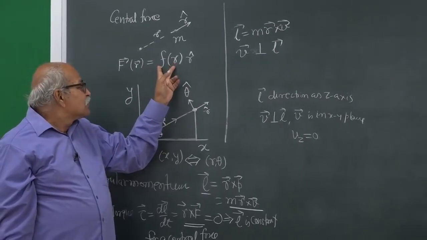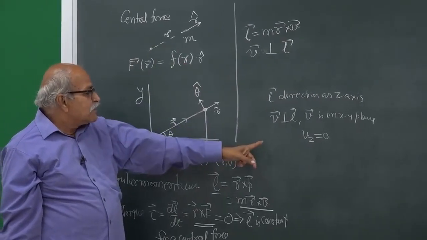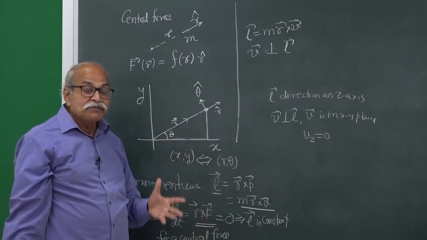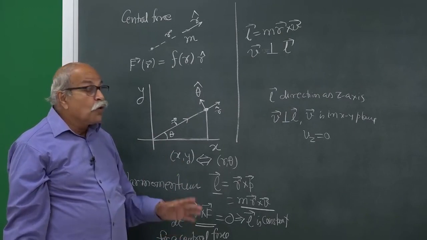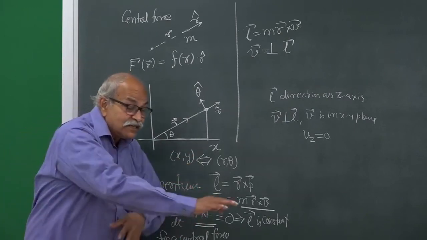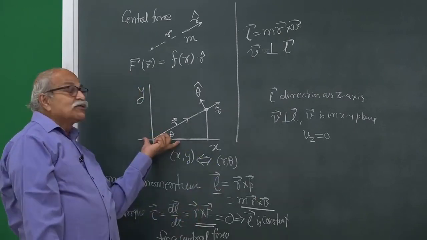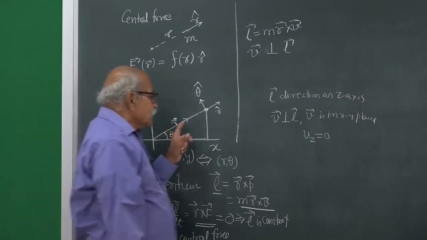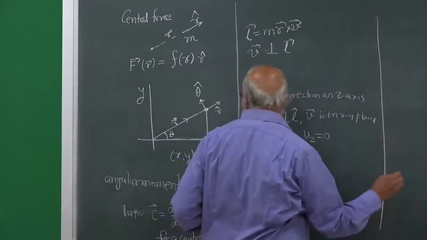The motion of the particle is in a plane, all central force motion is coplanar, it remains in one single plane, and therefore, we can use this. Let me go a little ahead of this.